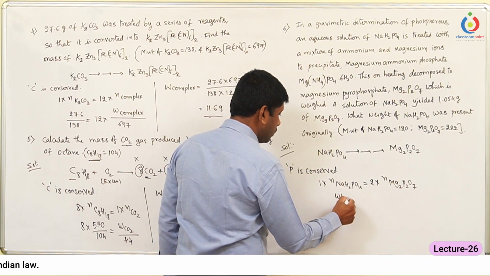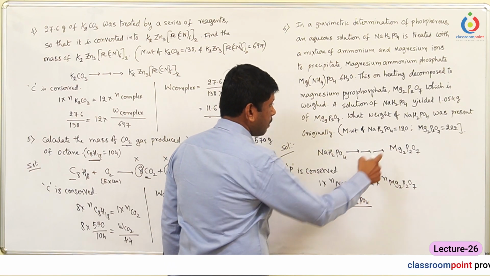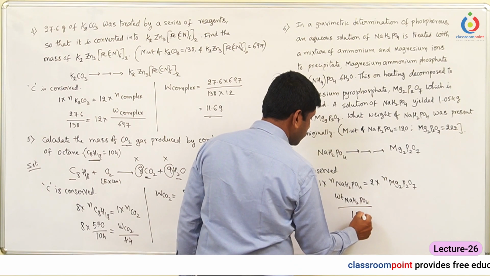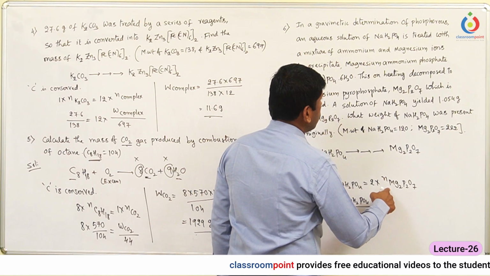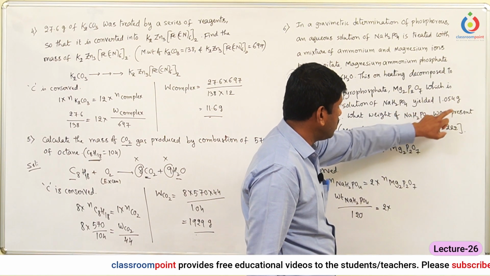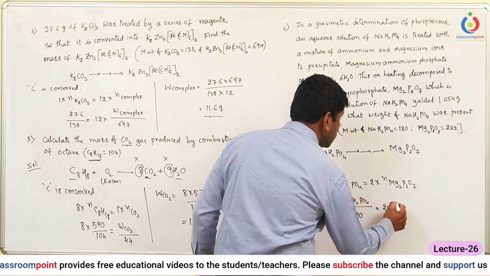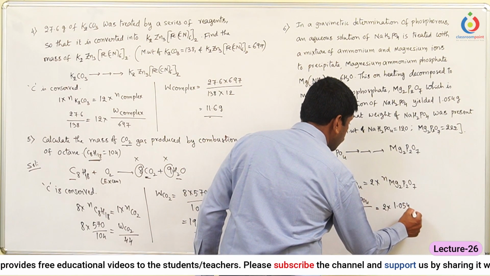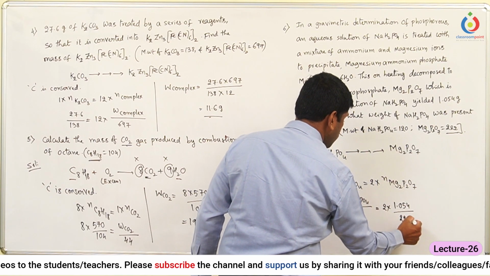Weight of this compound NaH2PO4 divided by molecular mass, which is 120, is equal to 2 into the weight of the magnesium pyrophosphate. See, NaH2PO4 yielded 1.054 grams of this magnesium pyrophosphate. So its mass is 1.054 divided by its molecular mass, 222 grams.